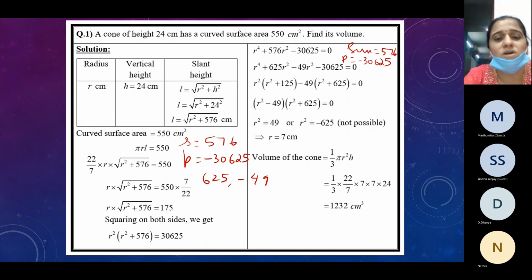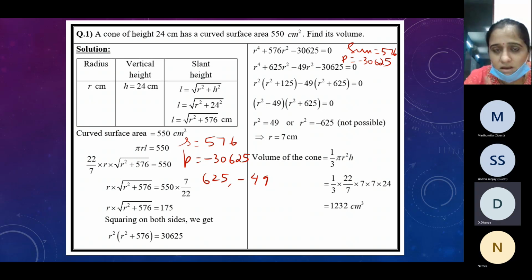Mostly when you solve a biquadratic equation, at least for 9th standard level, forget the plus or minus sign. The numbers will be perfect squares, mostly. 625 is a perfect square, 49 is a perfect square. Is that understood, children? Online students?